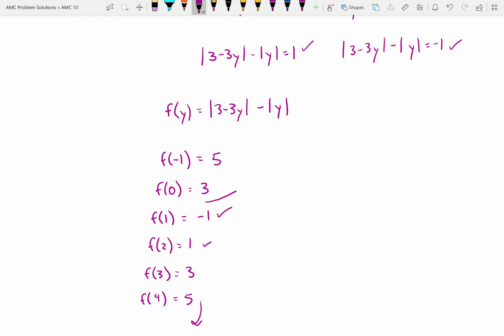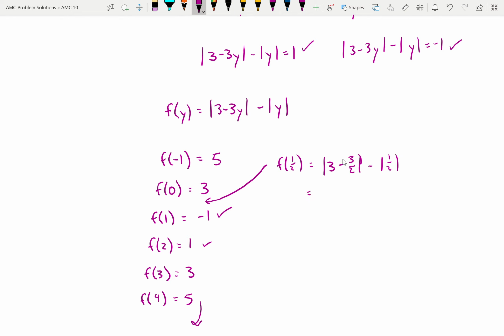But I see in here there's some opportunity between output values of 3 and -1. So I'm going to try different values there. I'll just try something that's in the middle. So if I do f of 1/2, that's going to be absolute value of 3 minus 3 times 1/2, which is 3/2, minus 1/2.